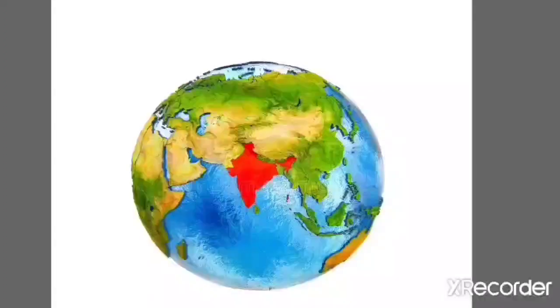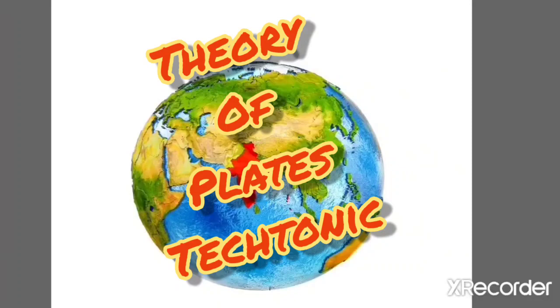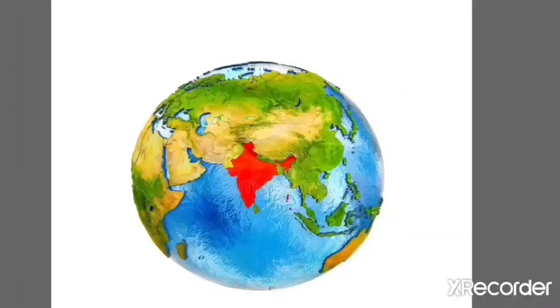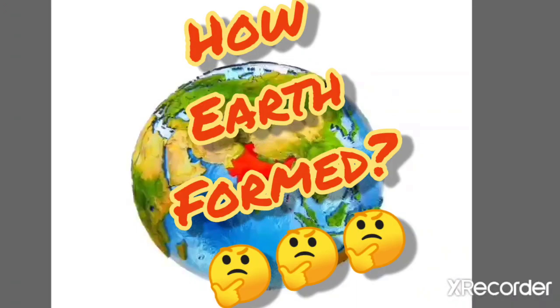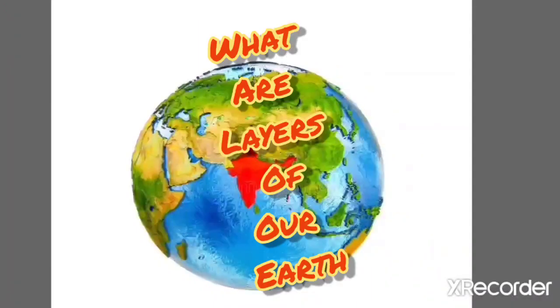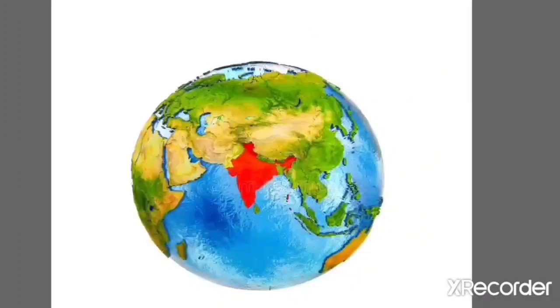One such theory is the theory of plate tectonics. Before starting it, we should know about our planet Earth, its formation and its layers, because without knowing these things we will not be able to study the theory of plate tectonics.